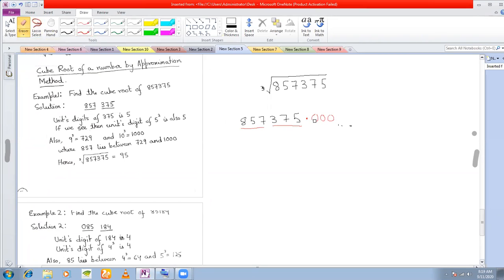Next, what you do here is, tell me which digit, if you cube, you will get 5 as your last digit.